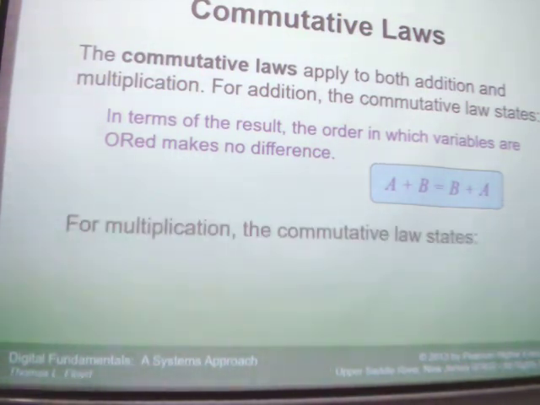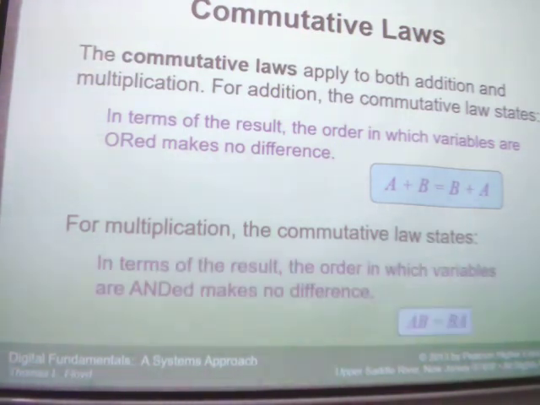For multiplication, the commutative law says that A and B equals B and A. This is the content of the commutative laws.